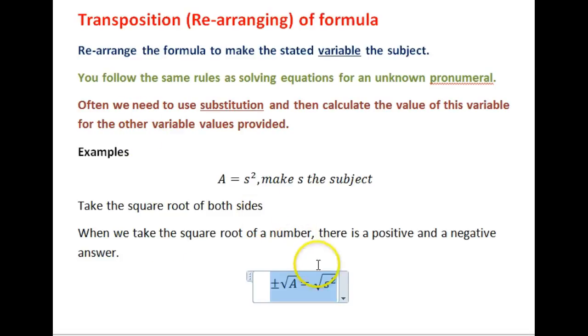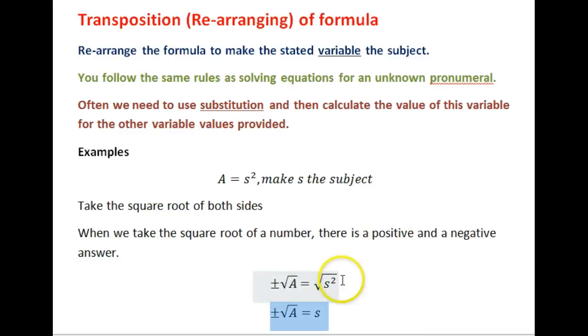The shortcut way of writing this is with the plus minus symbol on top of each other. It really means there are two answers, positive root A and negative root A. Now this particular step you can leave out after you understand it. The square root of s squared is equal to s.